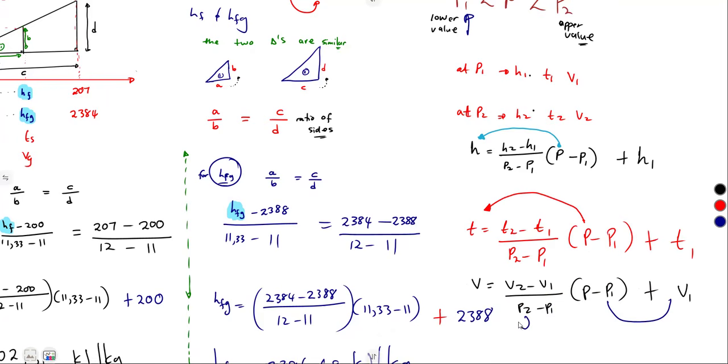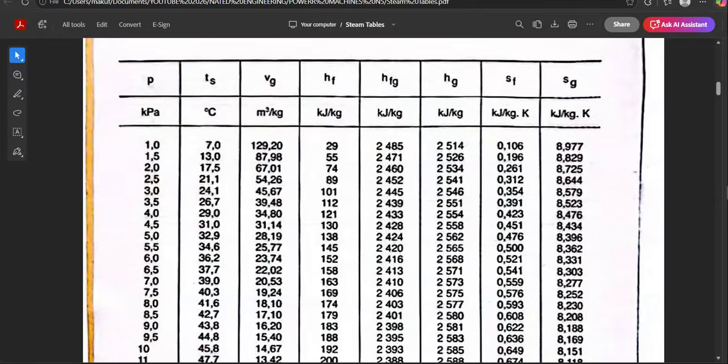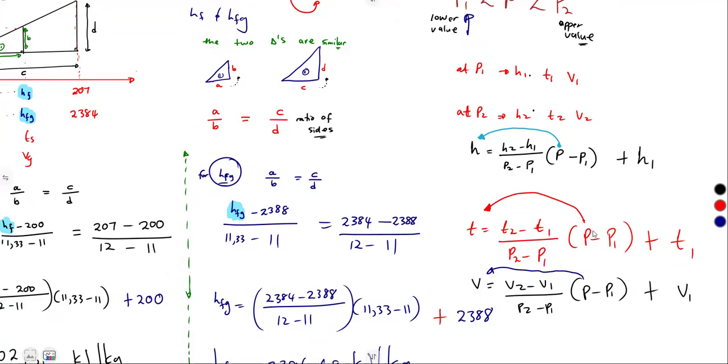At P2, we have got V2. But at this pressure P that we are given here, it corresponds to the volume that we'll be calculating, whatever you might be asked from any one of these: T, S, V, G, H, F. You can simply use the formula straightforward if you can memorize it.